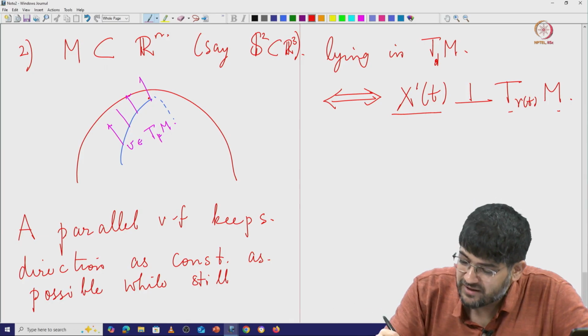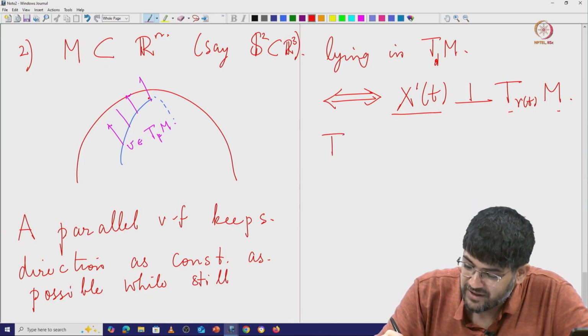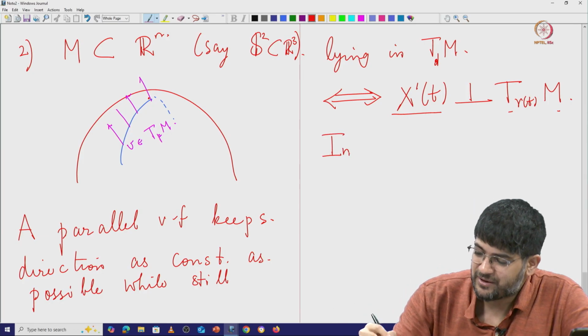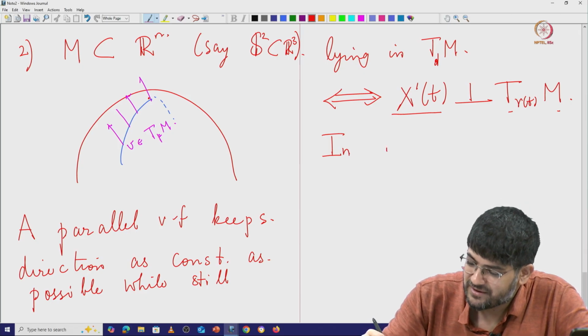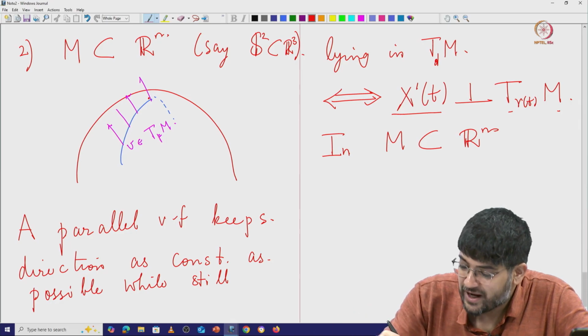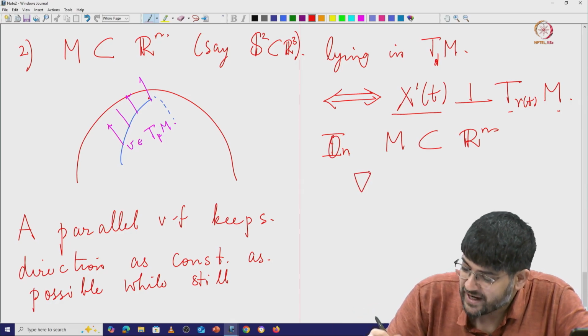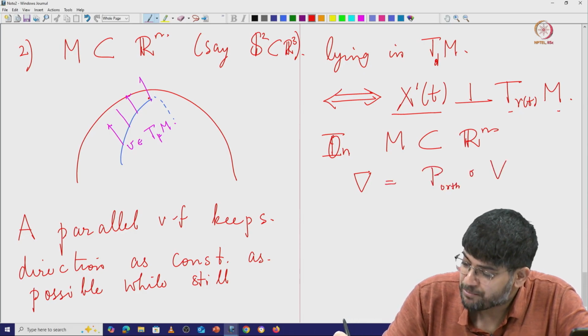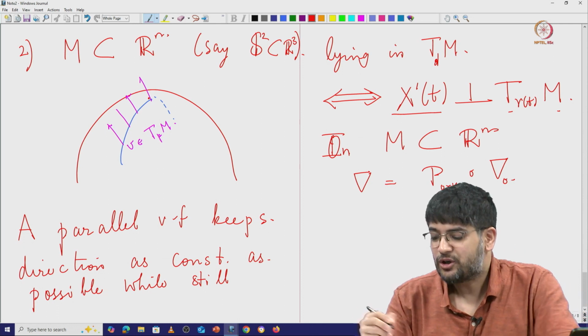But recall that on M we have a natural connection, which can be defined by taking the orthogonal projection composed with the connection on Rn.